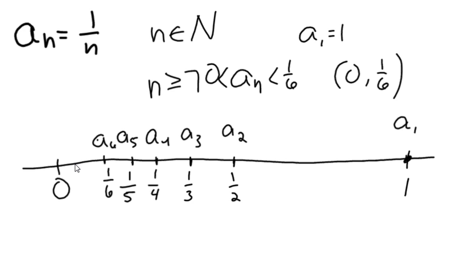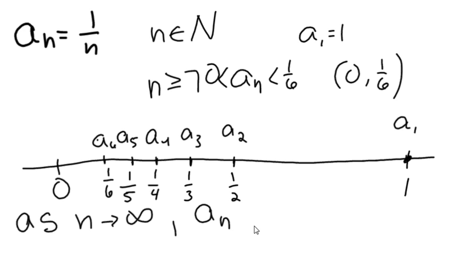That seems to tell me that as n goes to infinity, a sub n seems to approach 0. It means the terms in the sequence get closer and closer to 0.